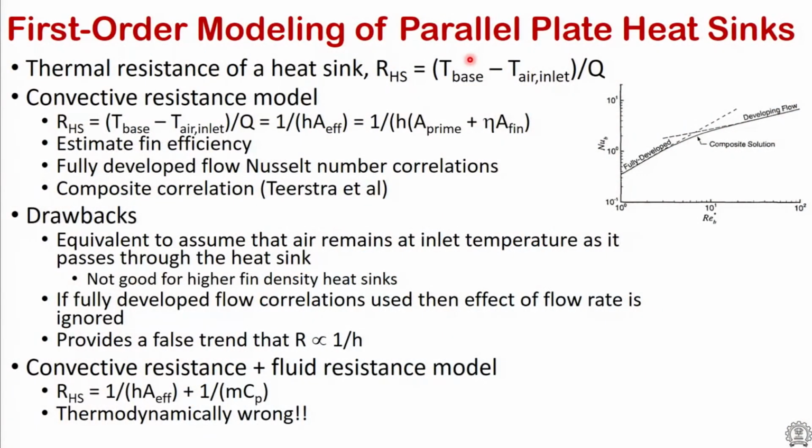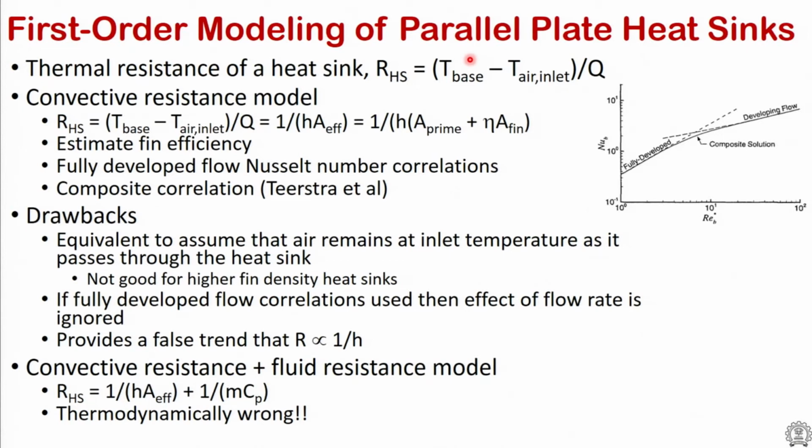The thermal resistance is written the way it is written based on what the numerator is: the driving voltage difference, or in our case the temperature driving force. What is the maximum temperature, what is the minimum temperature? In our case, the base is the maximum temperature where the heat source is mounted, and the inlet is the coldest point in the system.